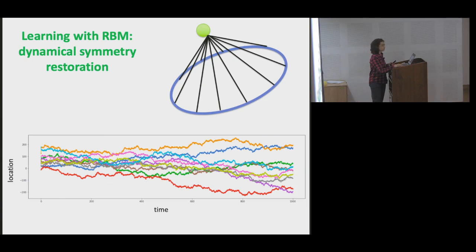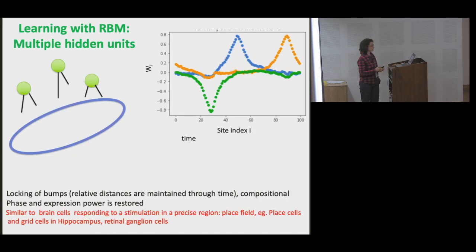And if you put multiple hidden units, you will have a different bump corresponding to a different region of your data set, of your ring here. So each hidden unit looks at the portion of the system corresponding to the correlation length of the system.